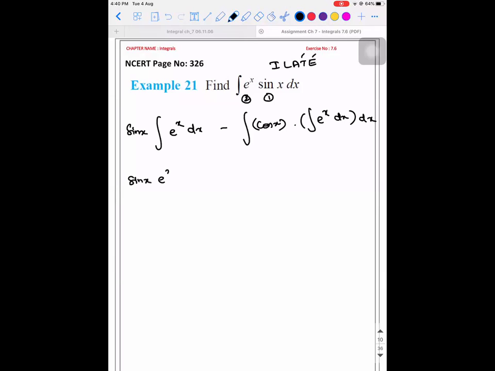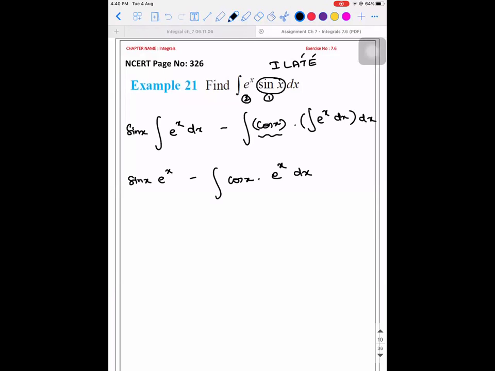So sin x into e power x minus integral of, what will you get here? Cos x, that's it. I've already differentiated sin x, into e power x dx.